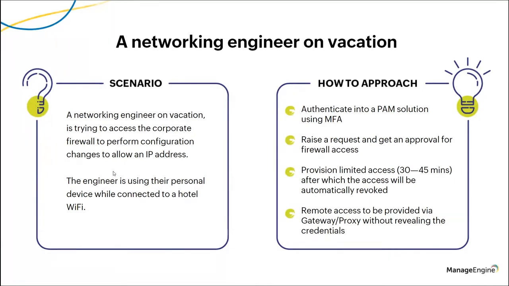But the engineer who tries to allow the IP address is on vacation, right? The engineer is using the hotel Wi-Fi and his personal device to connect to the corporate firewall. Now, allowing them direct access is the biggest mistake, obviously. So, how do you approach this problem?